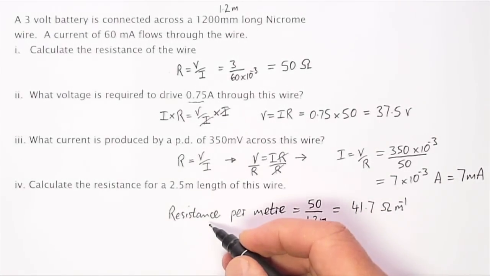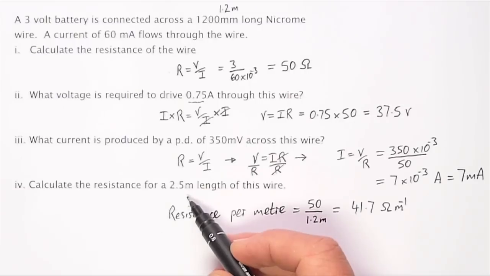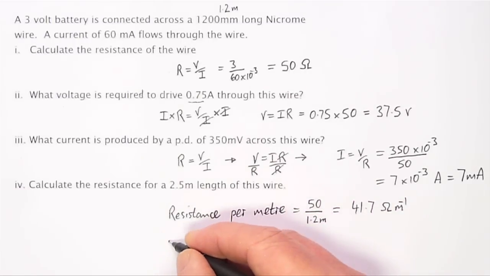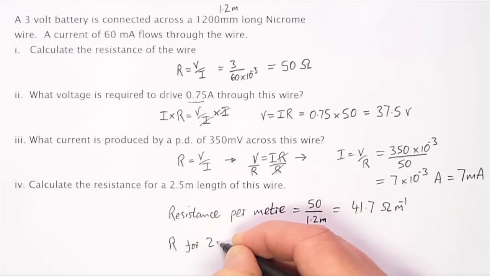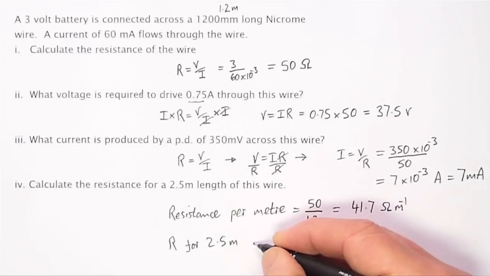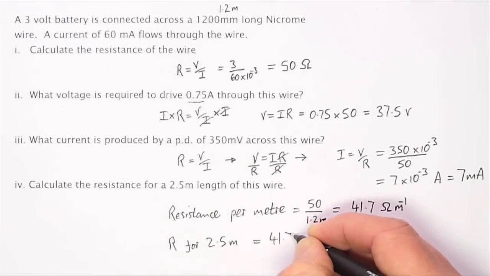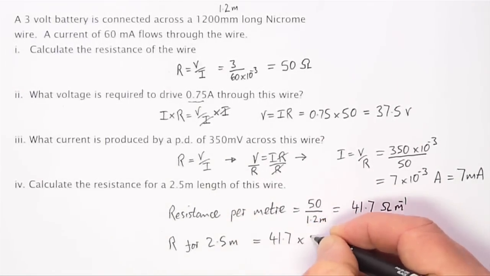The next thing I want to do is to find out what the resistance will be for 2.5 metres. So the resistance for 2.5 metres is the resistance for 1 metre multiplied by 2.5.